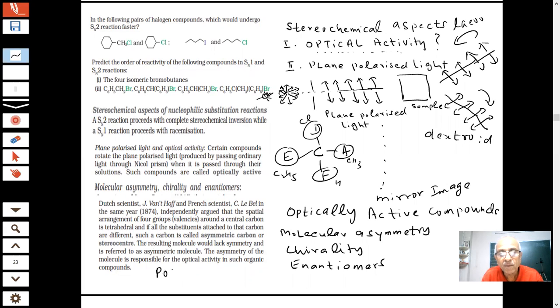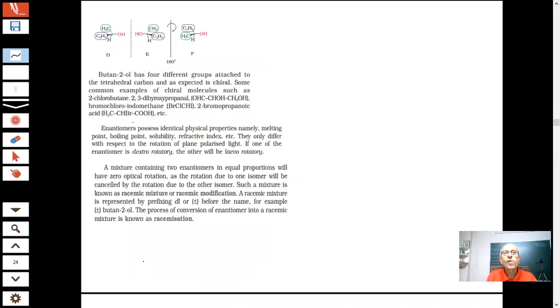You have heard about the polarimeter. So we found that there is something called a polarimeter, students, in which we can observe the optical activity of the compounds. Let us see what are these definitions which we want to know.